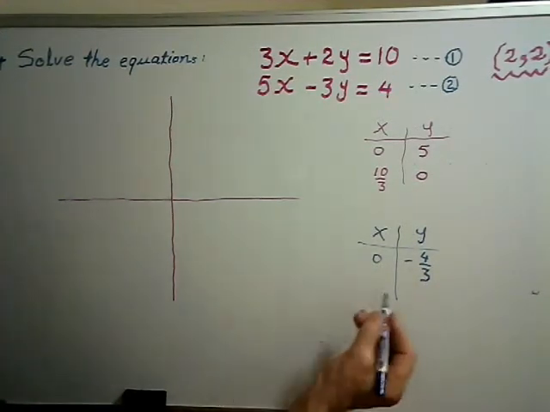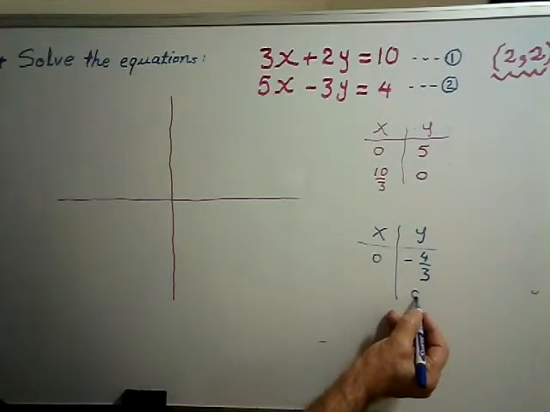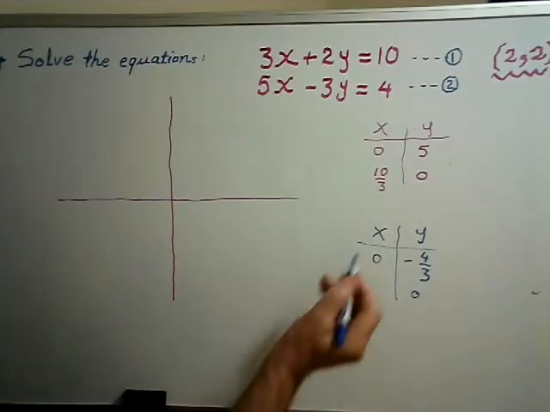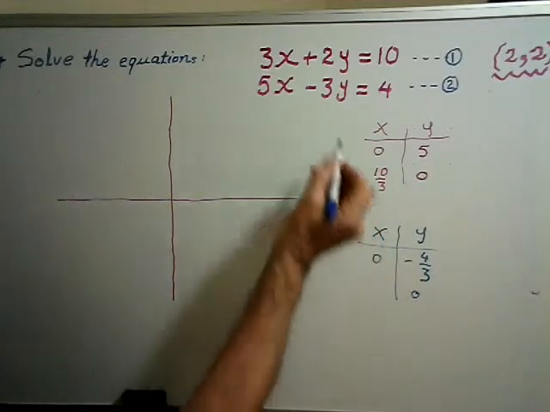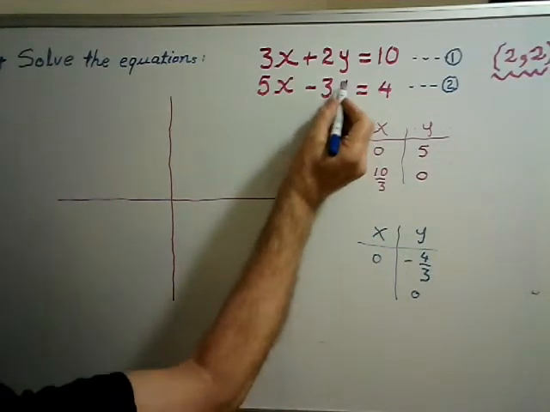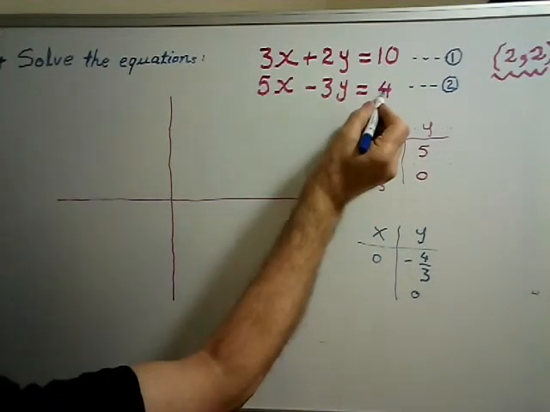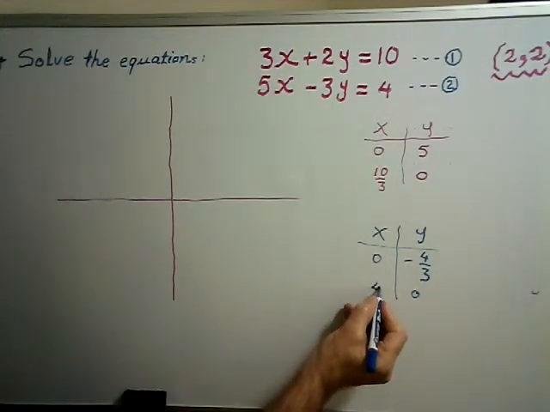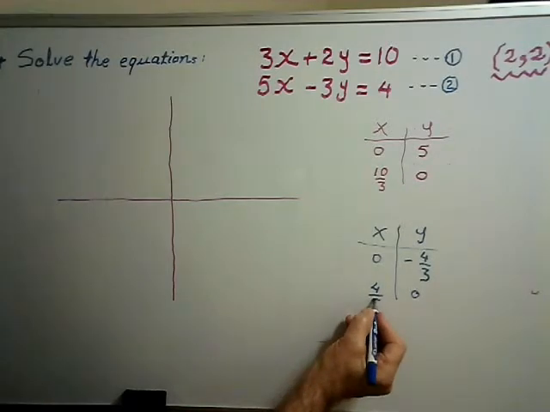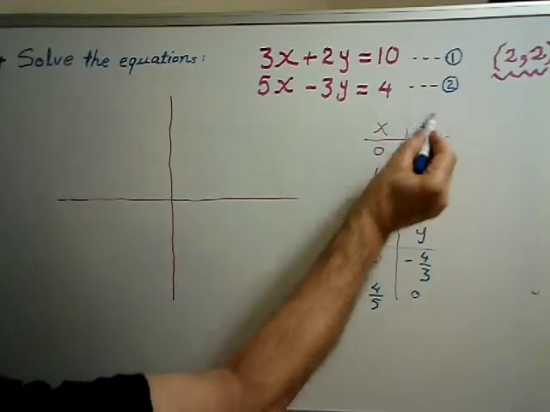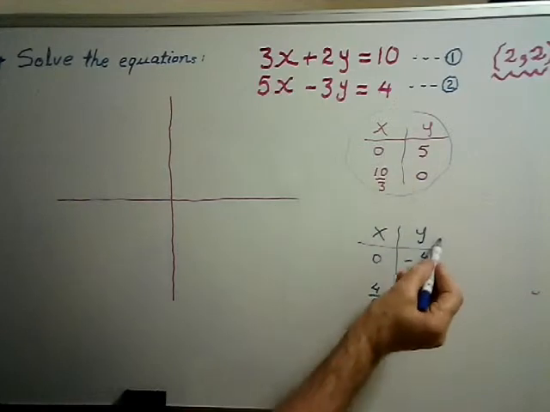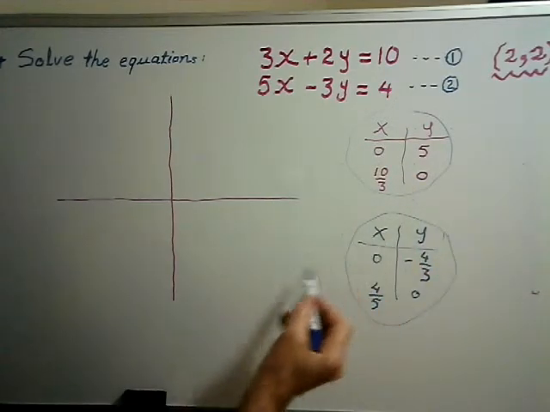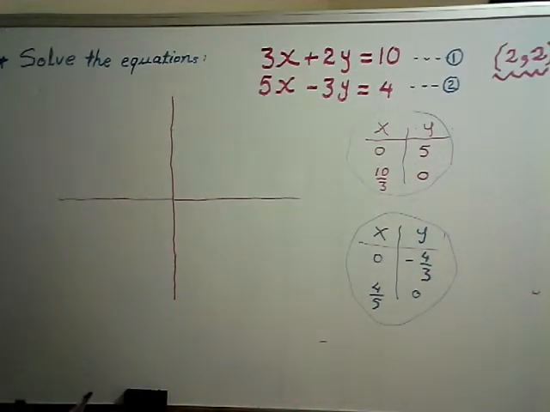And to get the intersection point with the x-axis, let y be 0. So when we put y as 0 here, we got 5x is equal to 4. That means x is 4 divided by 5. So as we got 2 points here for the first line and 2 points for the second line, and we draw them, the intersection point between them is the solution for these two equations.